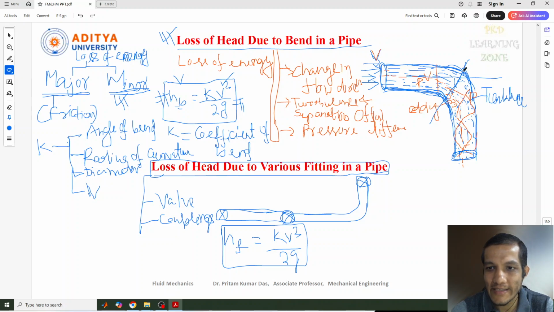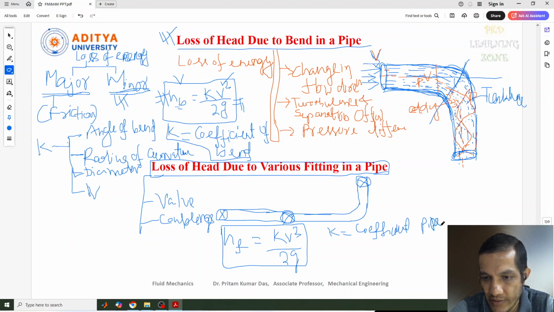There, the bend was the coefficient of bend K, and here it is the coefficient of pipe fitting. And V is the velocity of flow.